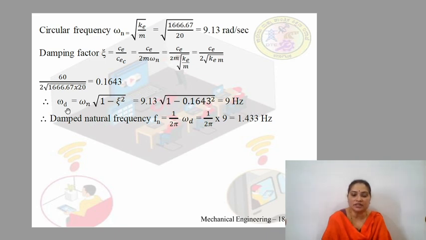So, using the value of omega d, we can further calculate the damped natural frequency, that is Fd is equal to omega d by 2 pi. It is equal to 1 by 2 pi into 9, that is equal to 1.433 Hertz.